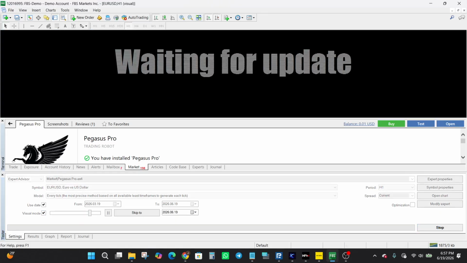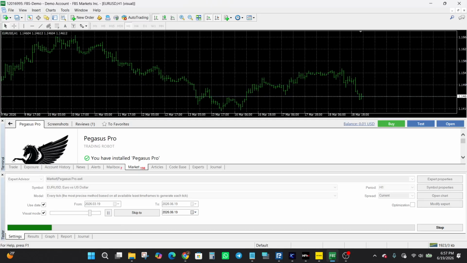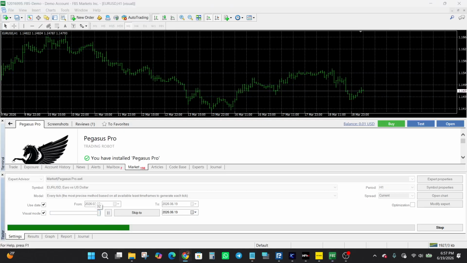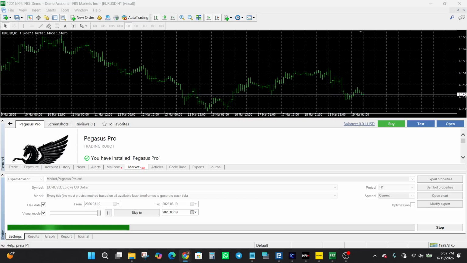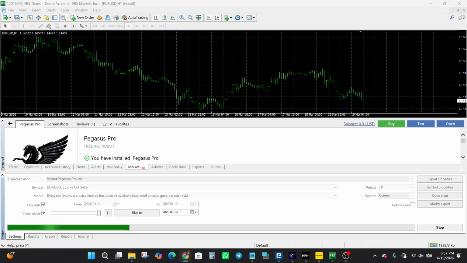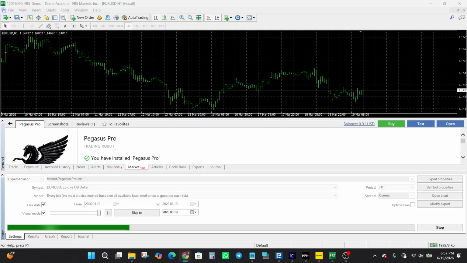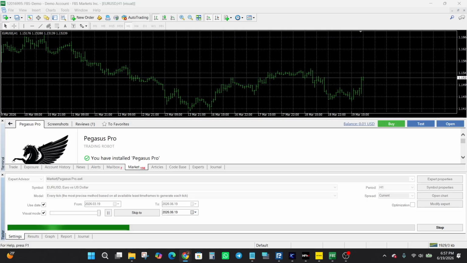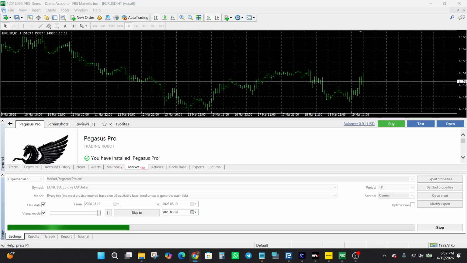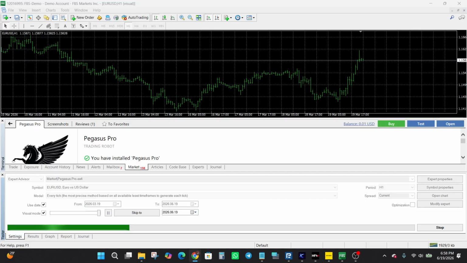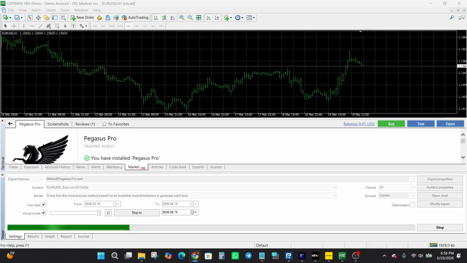All right. Based on the information provided, we know that Pegasus Pro uses an HFT based approach, operates across multiple currency pairs, and is highly dependent on low spreads and execution speed. Beyond those disclosed details, it is important not to assume any specific entry logic, indicator usage, filtering methods, or position management techniques that have not been explicitly described by the developer.